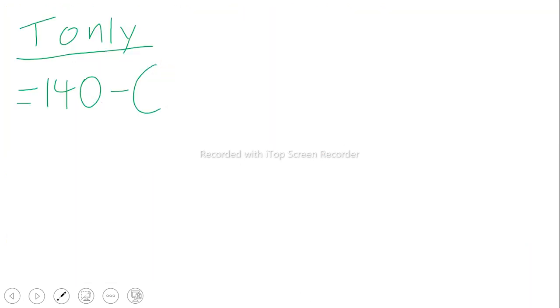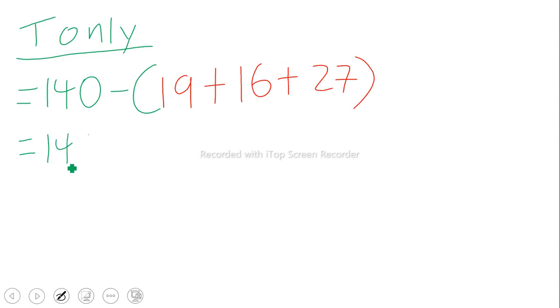Yes. 19, 16, and 27. It's going to be equal to 140 minus 62. Yeah, 62.